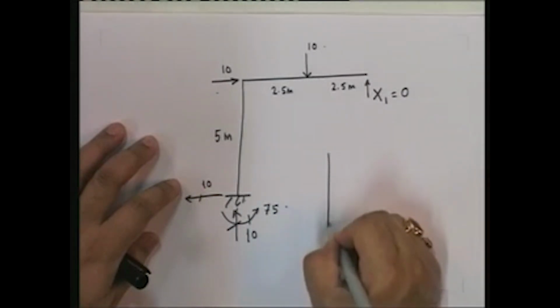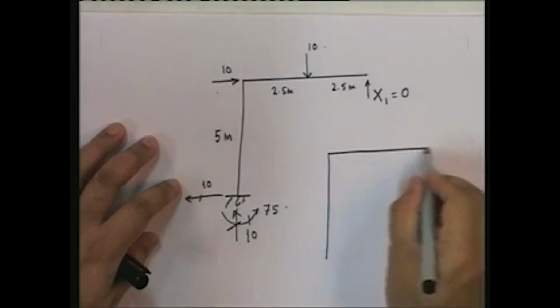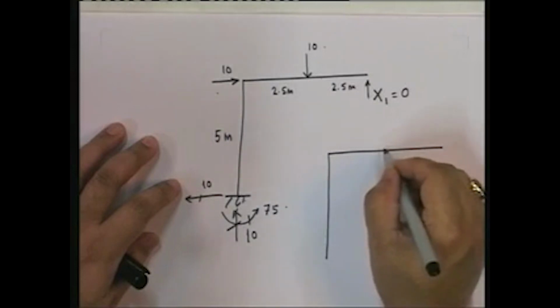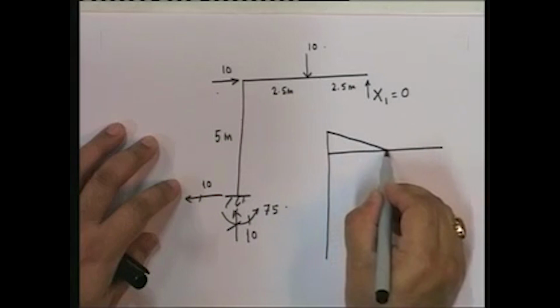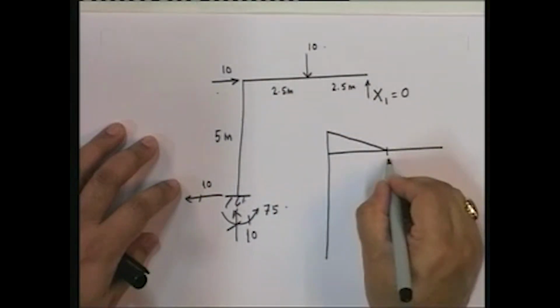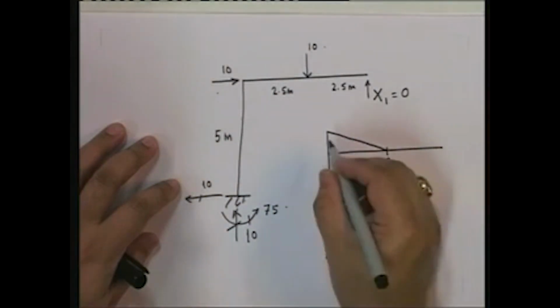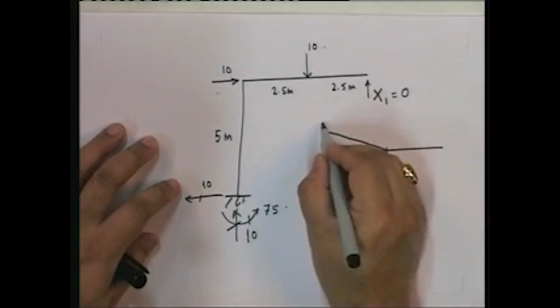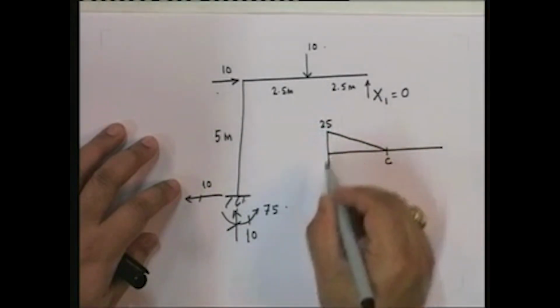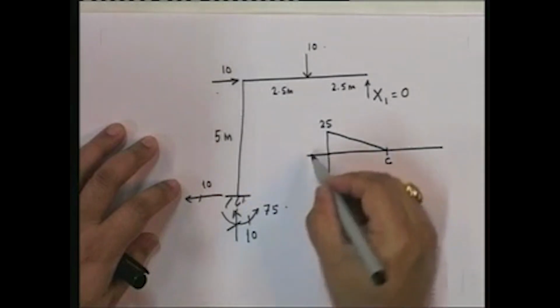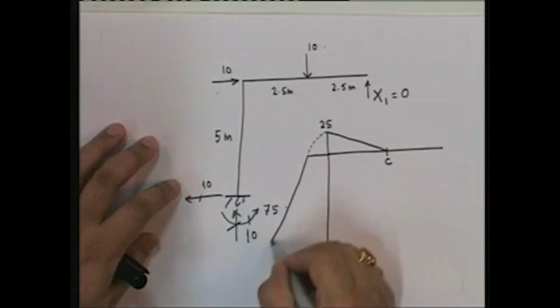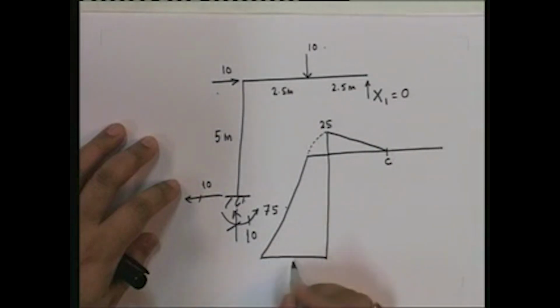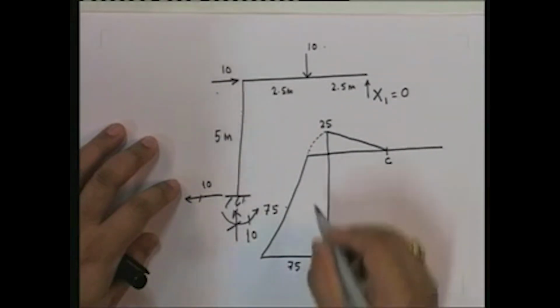Let's see how I'll draw the bending moment diagram. The bending moment diagram over here would land up being, starting from C, the value over here would be 25, and then that would be the same value here. And then this becomes 75.